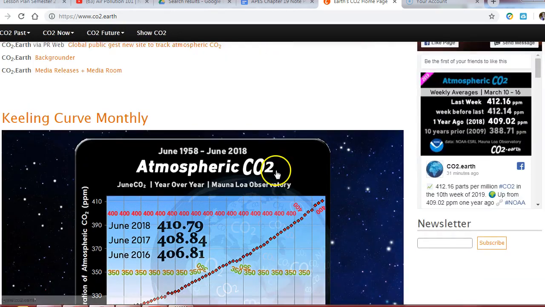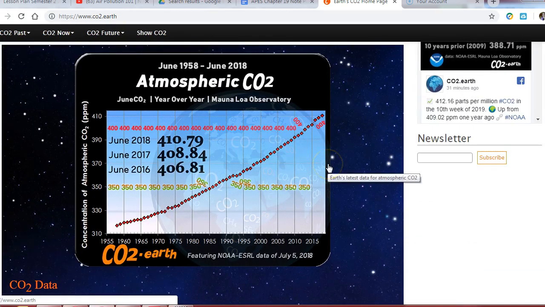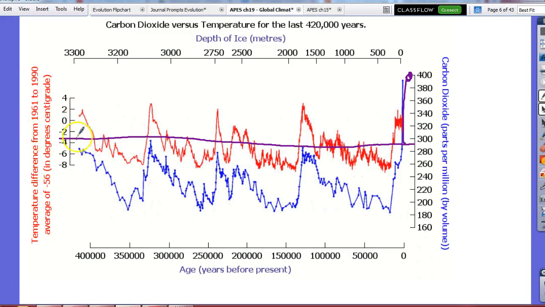And if you look at this graph here, this is over the last 60, 70 years. From 1955 to present, we have increased by 100 parts per million, from 310 to 410, okay, in the last 70 years, increased by 100. So the carbon dioxide in our atmosphere is increasing, and we can see that that parallels with the temperature, because every time the carbon dioxide goes down, the temperature goes down.